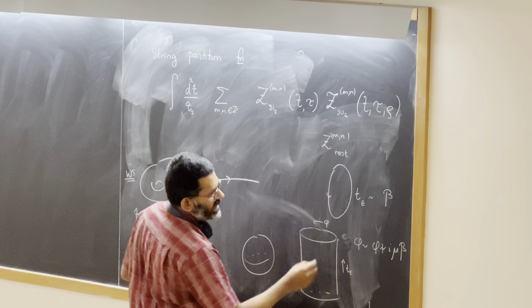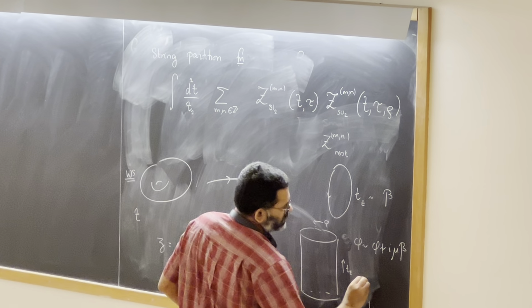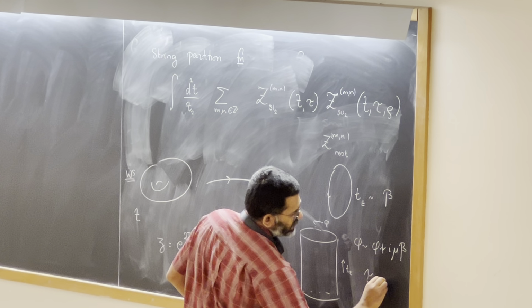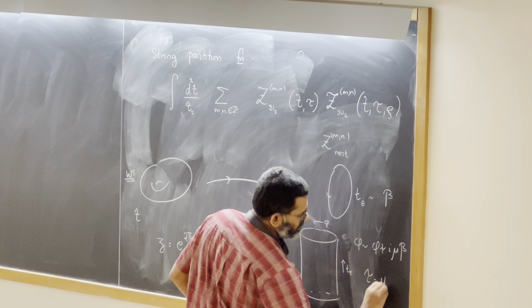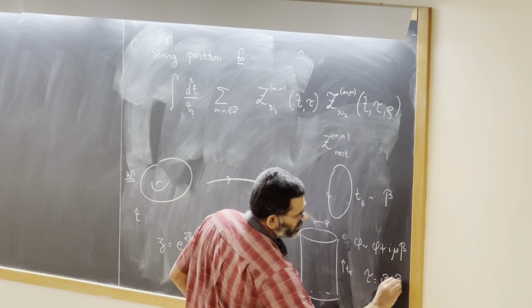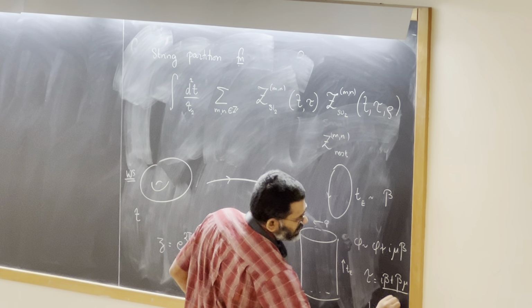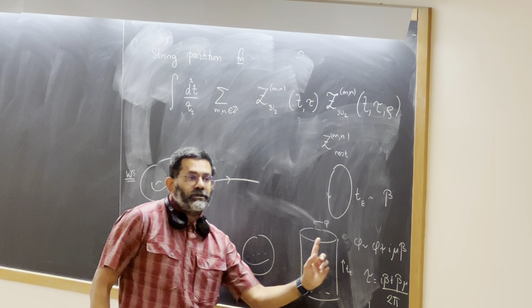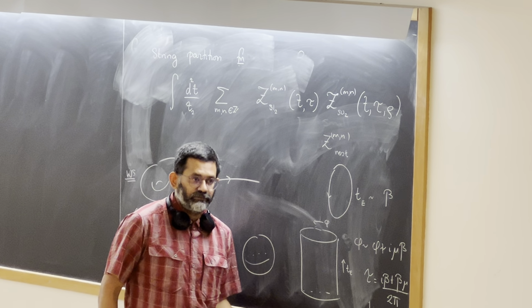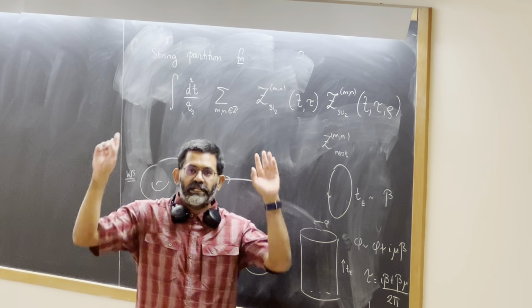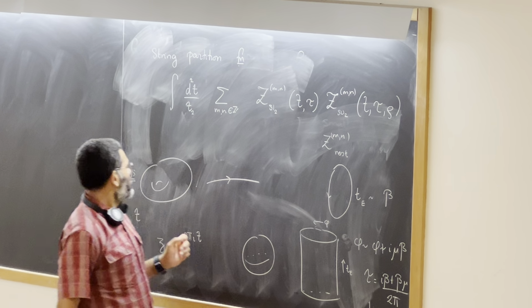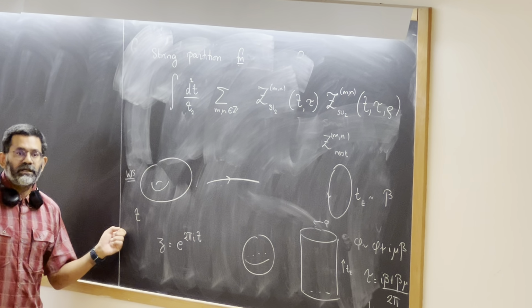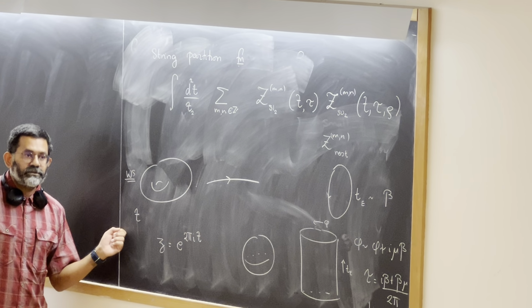For simplicity, I will label tau to be i beta plus beta mu over 2 pi, the modular parameter of the torus on the boundary of AdS3. So this is the CFT modular parameter, which is distinct from the modular parameter of the worldsheet.